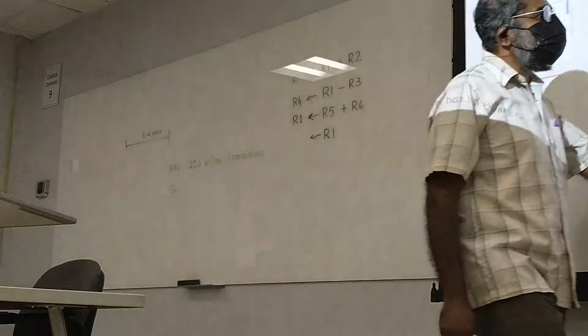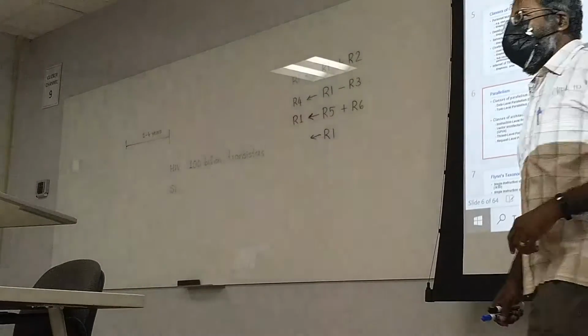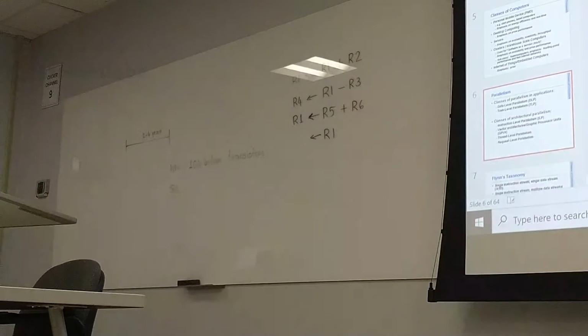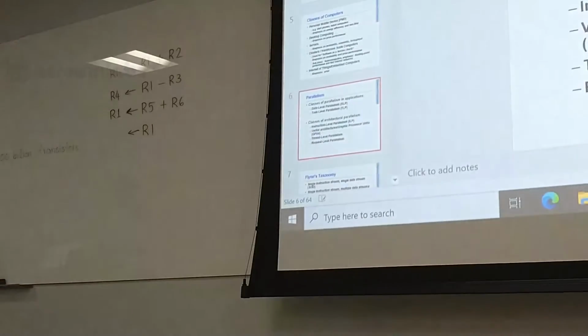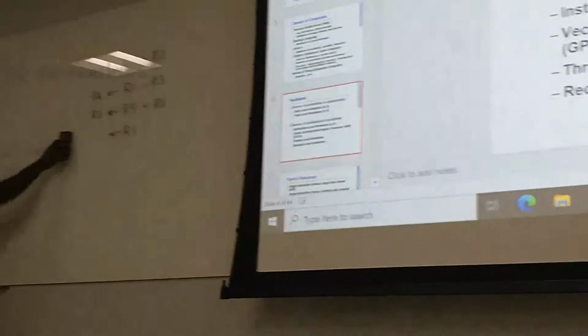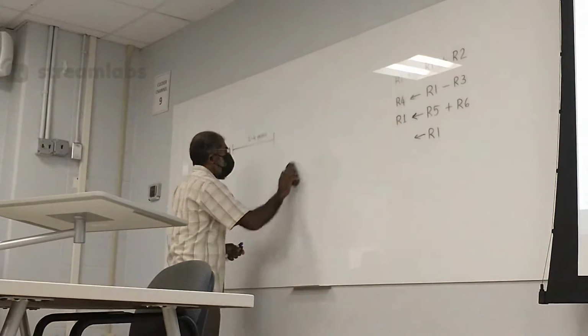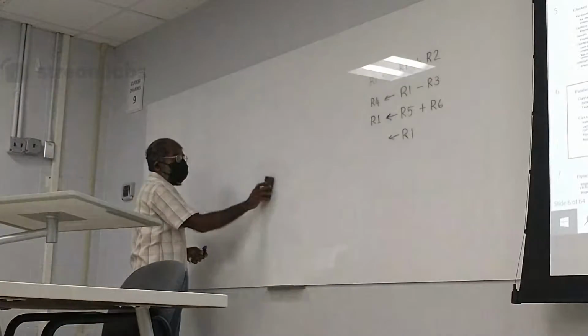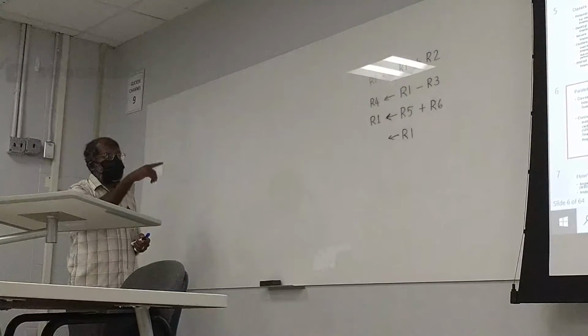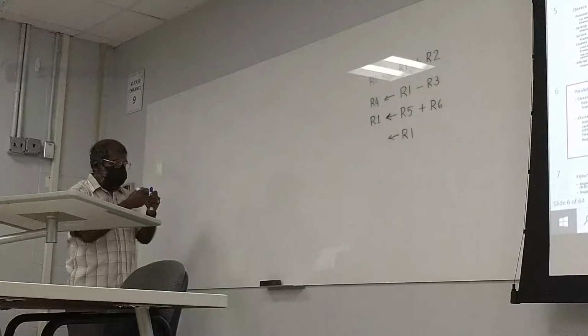Okay. Vector parallelism, that's a different type of parallelism. It is still instruction level, but it's slightly different. I think it's easier to explain with C code rather than assembly.